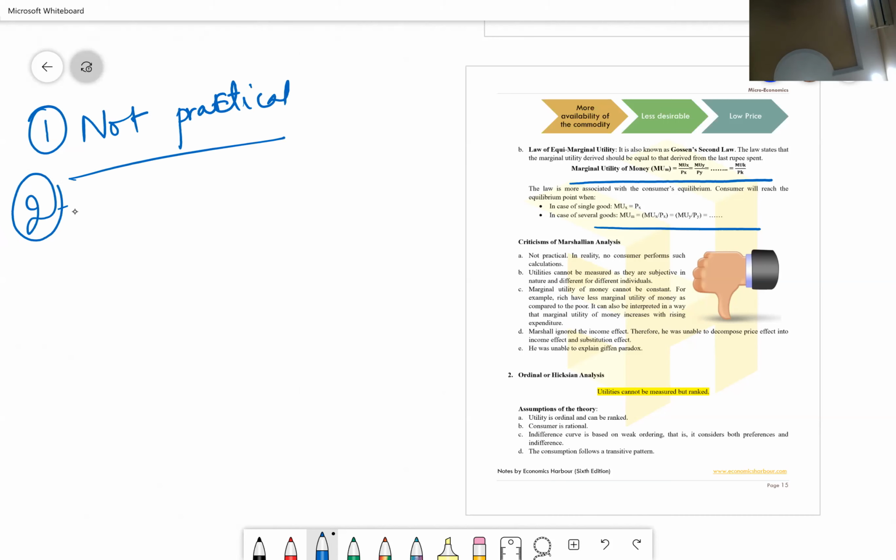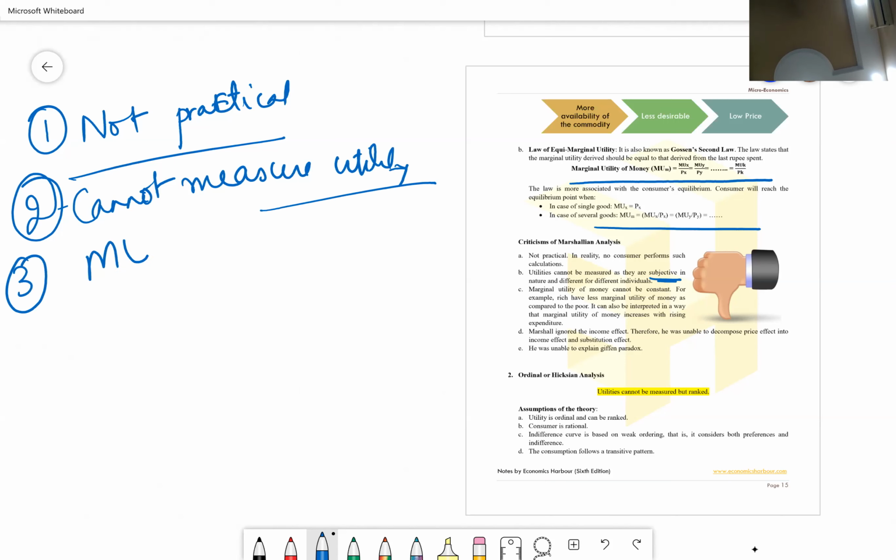Second is that you cannot measure utility, as it is subjective. The very characteristic of utility violates the assumption that you can measure it, because it is subjective in nature, right? Third, and the most important, is that the marginal utility of money is not constant.